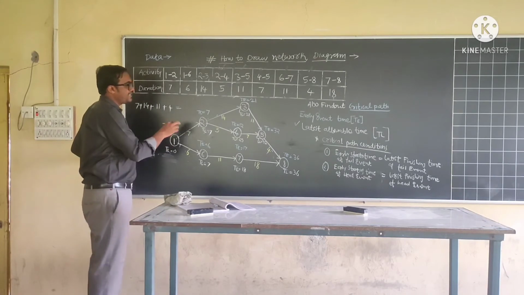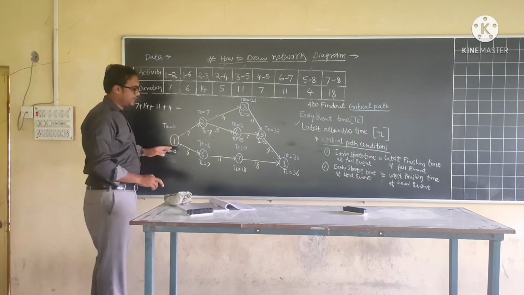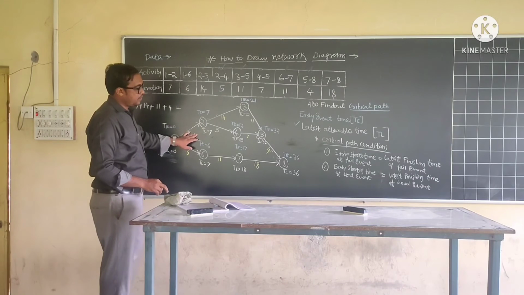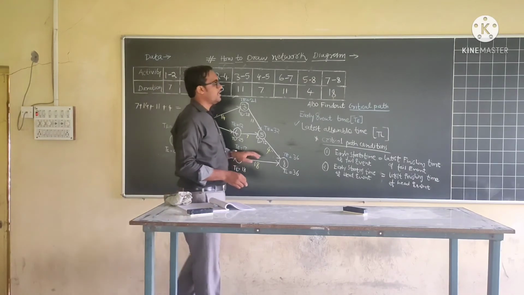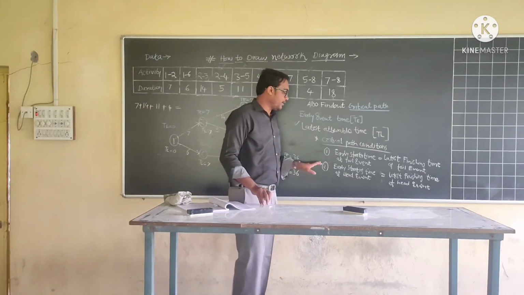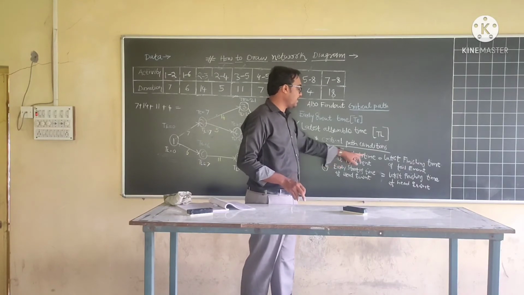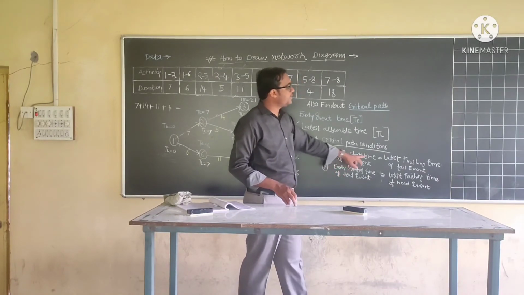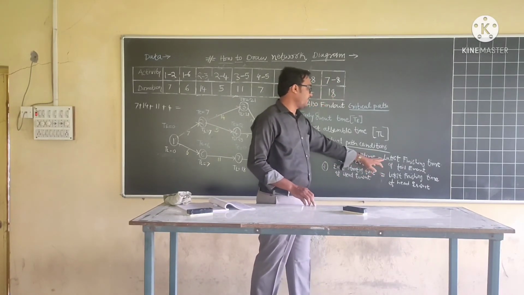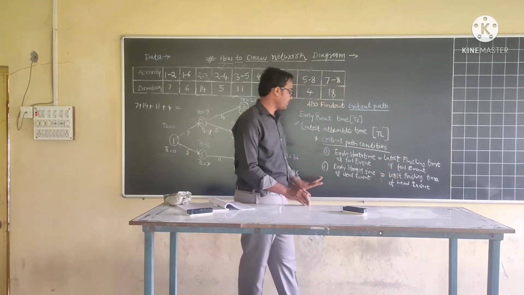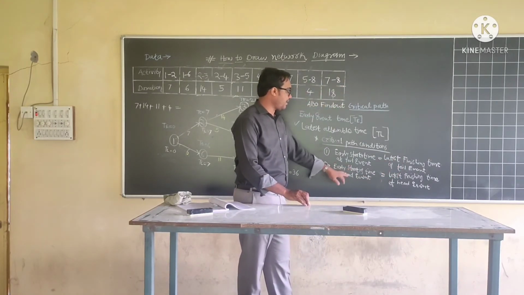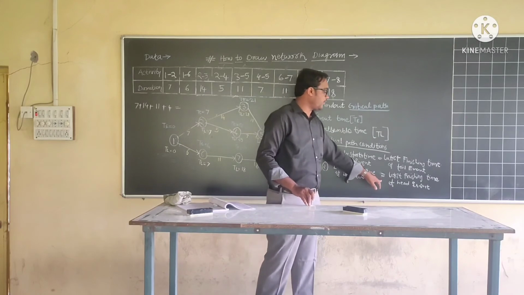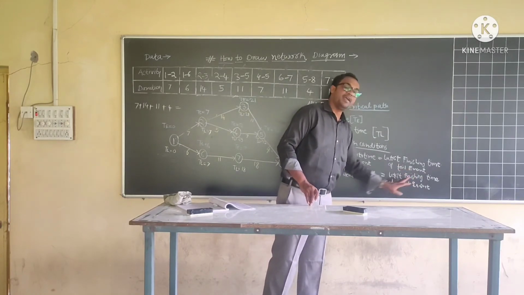Now the next step is to find out the critical path in this network diagram. To find the critical path, certain conditions must be fulfilled. First, the early start time of the tail event must be equal to the latest finishing time of the tail event, and the early starting time of the head event must be equal to the latest finishing time of the head event.